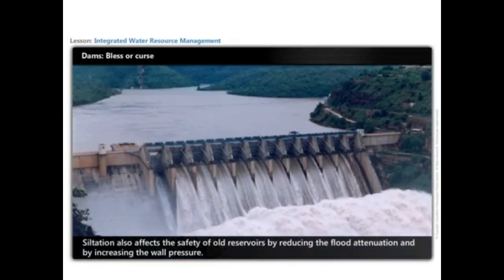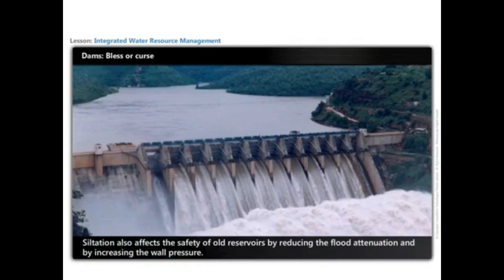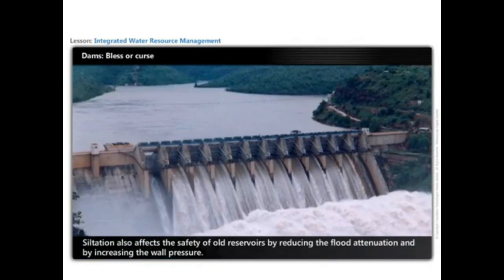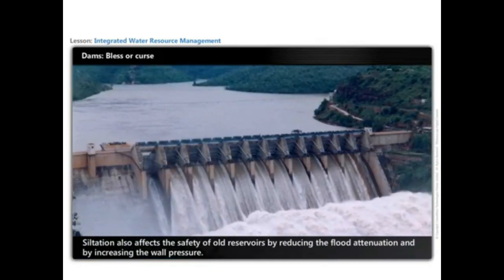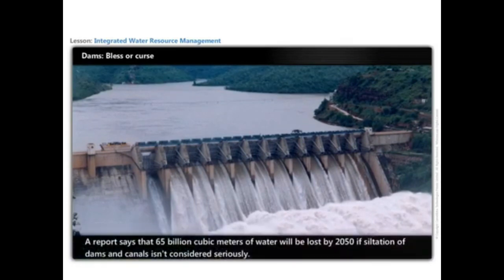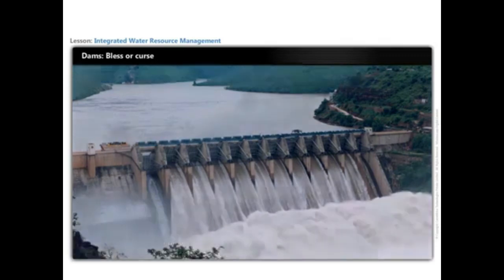Siltation also affects the safety of old reservoirs by reducing the flood attenuation and by increasing the wall pressure. A report says that 65 billion cubic meters of water will be lost by 2050. Siltation of dams and canals isn't considered seriously.